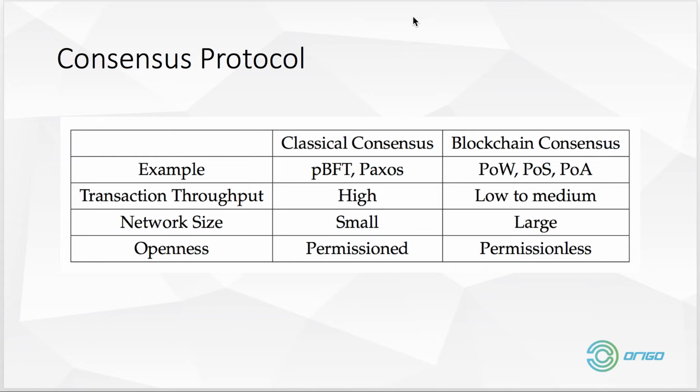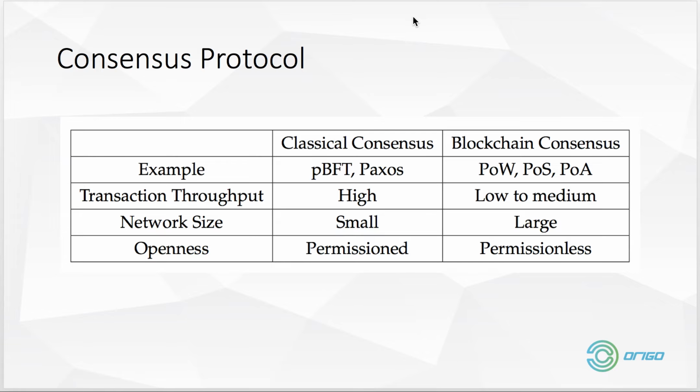But the problem for blockchain consensus, POW, POS, POA, is that it's somehow limited by the worst nodes in the network. There are definitely new designs for this kind of blockchain consensus which solve a lot of the problems, but I don't want to mention them in detail today.